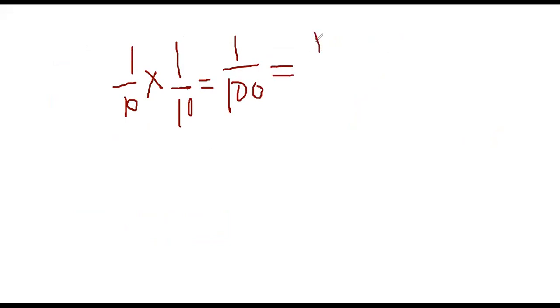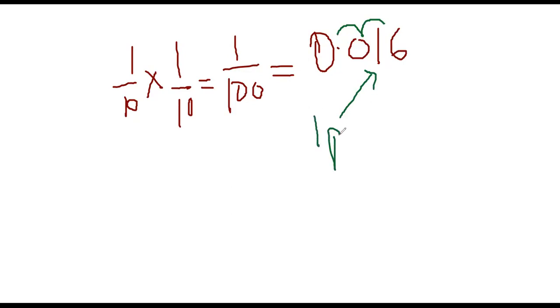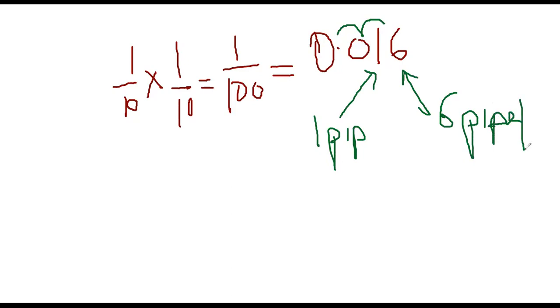And that's 0.01. Like I did previously, let's say this is 6. Now, for yen pairs, the second value from the decimal is known as the pip. So this is 1 pip, and the 6 is 6 pipettes. So from here, we have 1 pip and 6 pipettes.